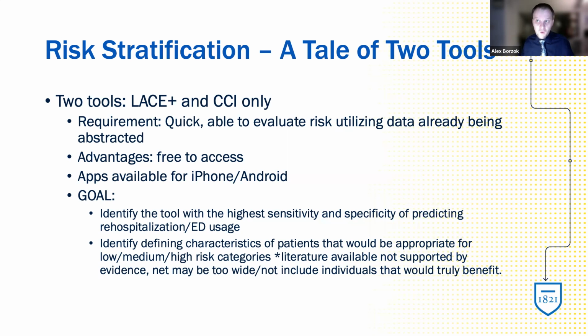So again, the ultimate reason why we're so concerned about risk stratification to begin with is so that the net we're casting isn't too wide, catching a whole bunch of patients that don't need the services that we have, but also isn't too small, so that we don't exclude individuals that would truly benefit from being assigned different resources within the clinic itself.